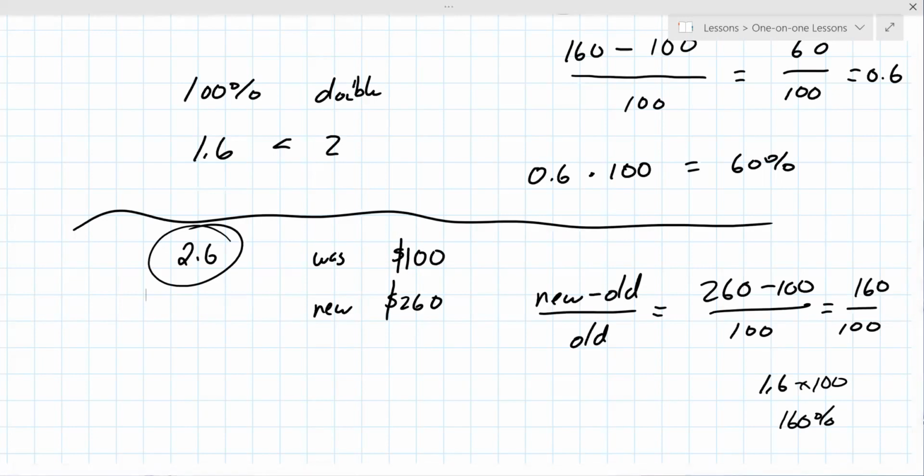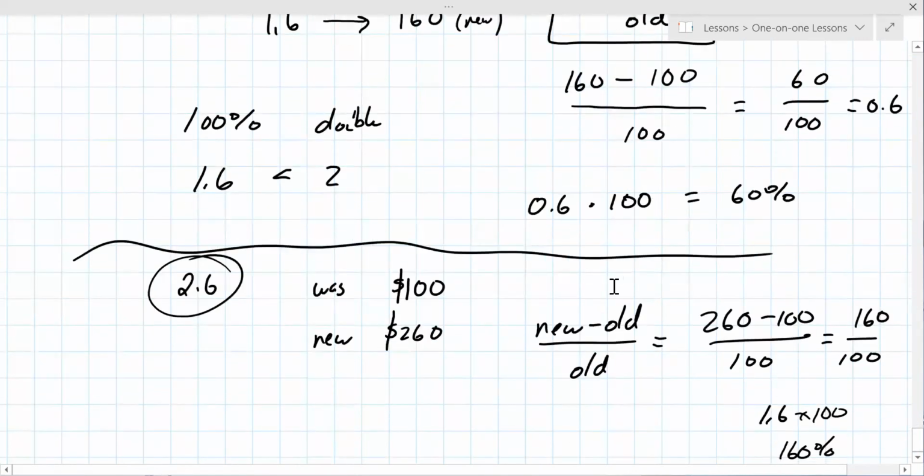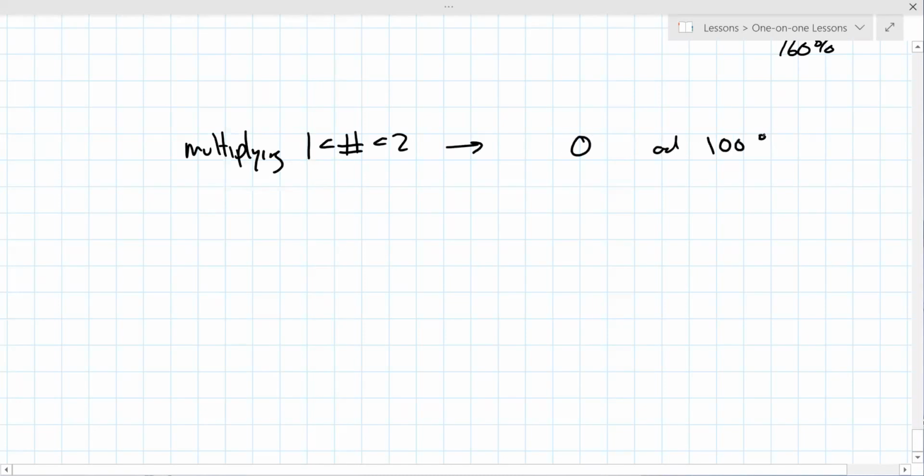I still don't get the shortcut that you did. Well, the shortcut is the multiplier. I get the new minus old thing. If you're multiplying, if the number is between 1 and 2, it's between 0 and 100% increase. If the number is greater than 2, then it's a more than 100% increase.